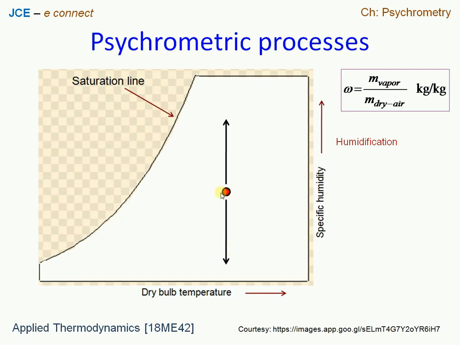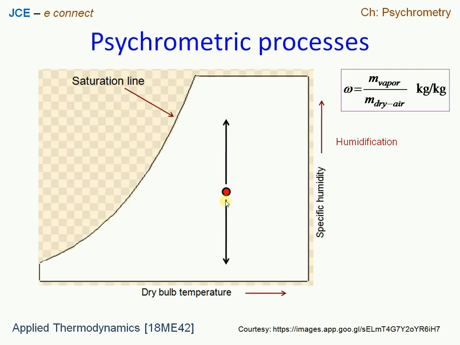Let us imagine now the downward trend. Suppose we keep extracting the mass of vapor from the sample of moist air, then the numerator value keeps decreasing for a given amount of dry air, and therefore the specific humidity value keeps decreasing.